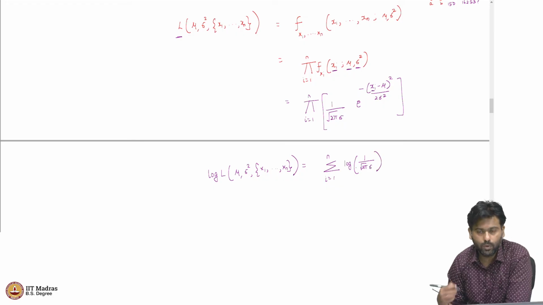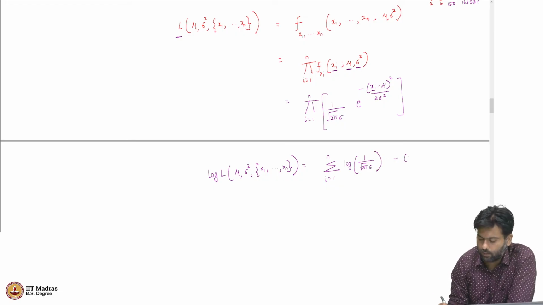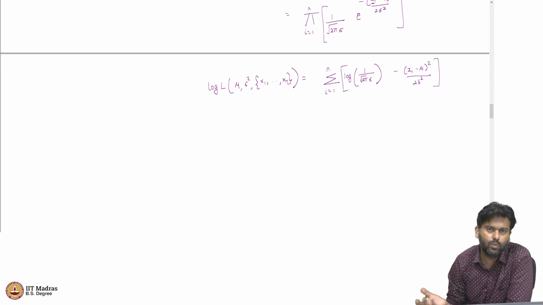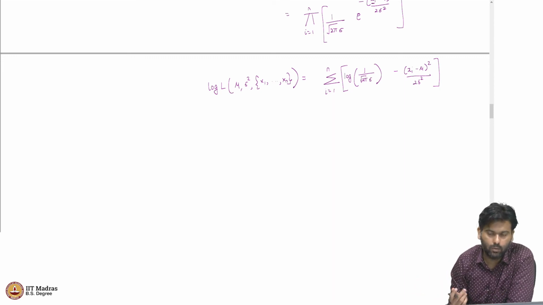Now this is logarithm to the base e, so you can write this as minus (xi minus mu) squared. The logs and the exponentials cancel, and this looks like this. Of course, we are trying to maximize this with respect to mu, because we want to find that value of mu that maximizes the likelihood. So this term does not have mu, so I can remove this term. It is not going to contribute to my maximizer.